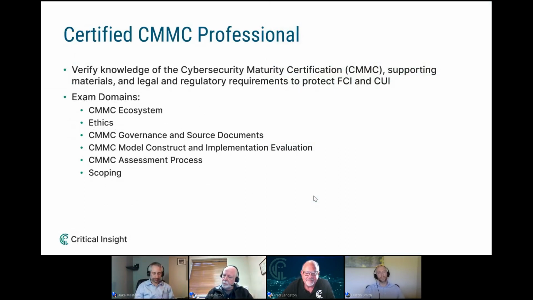Right. So the Certified CMMC Professional is one of the exams that the Cyber AB, the organization that's been entrusted by the government to run the CMMC program, is offering, the first one that they're offering. They're eventually going to offer the Certified CMMC Assessor, which is going to come out this next month.